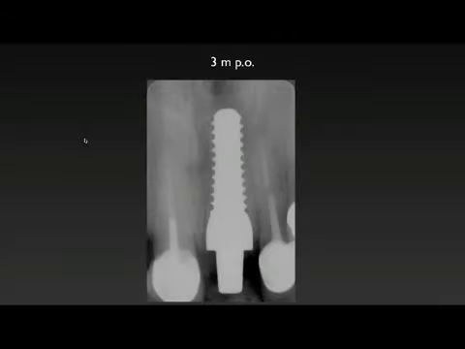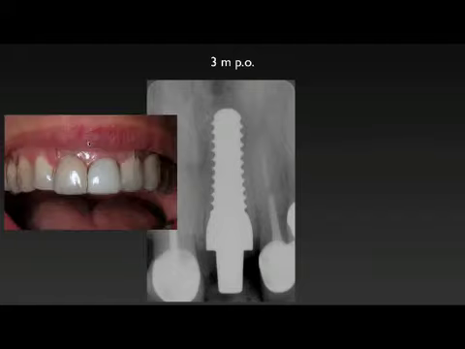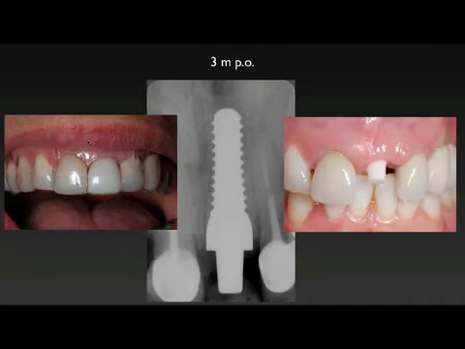So at 3 months, this is what our healing looks like, with very minimal, if any, bone changes around that implant. The Essex appliance, the soft tissue healing, quite remarkable, that downgrowth of tissue. We have to actually remove some of that facial tissue to get an aesthetic crown.